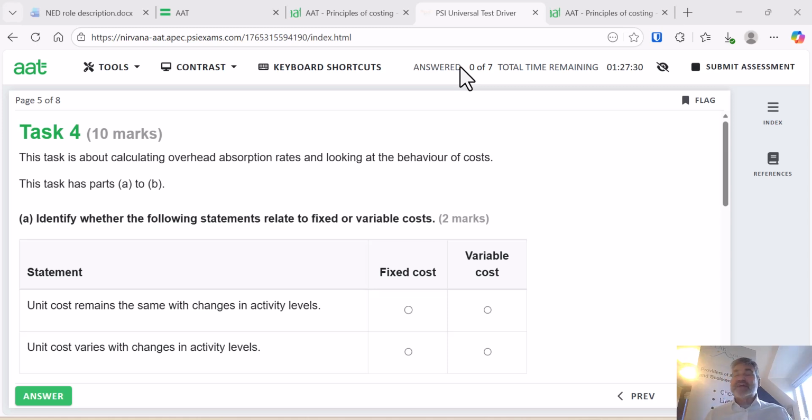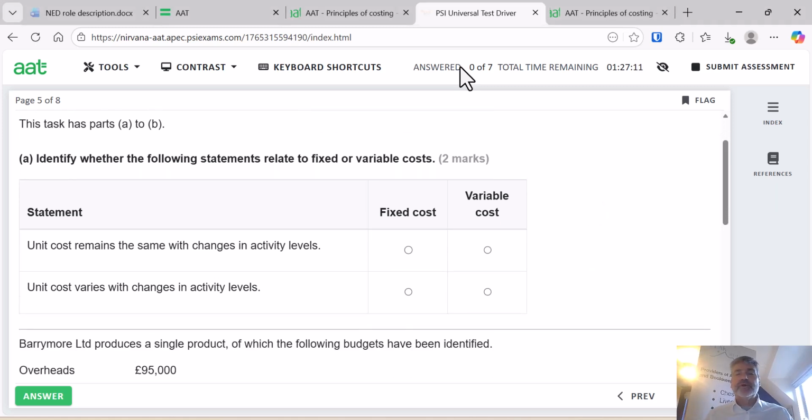So this is classifying according to cost behavior, and the 4 behavior types that we need to understand are fixed costs, variable costs, semi-variable costs and stepped fixed costs. For this requirement we've got to choose whether the statement is referring to a fixed or a variable cost. Let's have a look at that first statement.